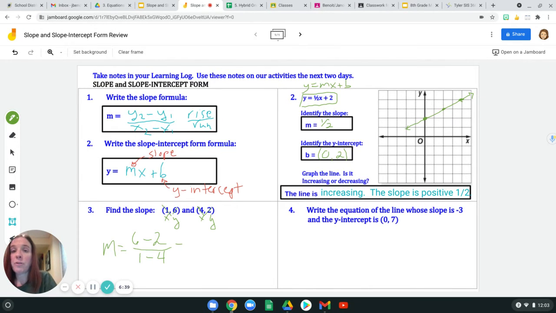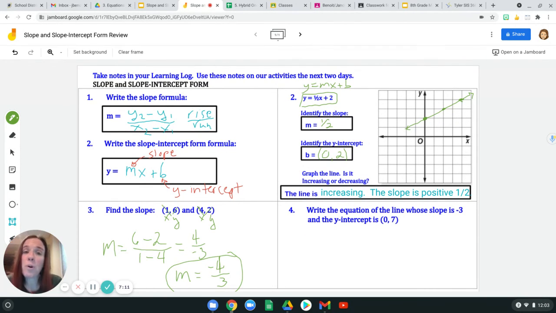Okay, now do the math. 6 minus 2 is 4. 1 minus 4, there's some integer math. That's a battle. Negative 4 wins, so it's -3. So your slope, move the negative to the top, is -4/3. So you wouldn't rise 4, you'd go down 4, and then to the right 3.